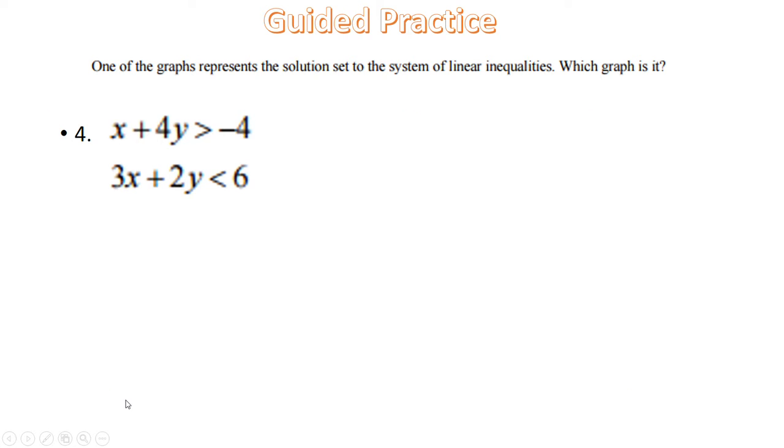Okay, now, next, this is our last guided practice question. We have two linear inequalities. We have x plus 4y is greater than -4, and we have 3x plus 2y is less than 6. When we're solving systems, we have to make sure they're solved for y. So I would take both equations.